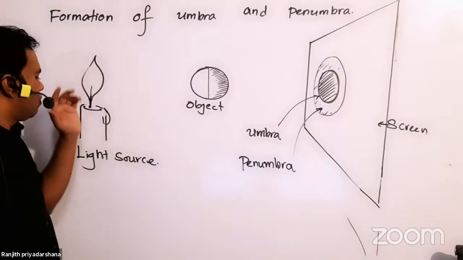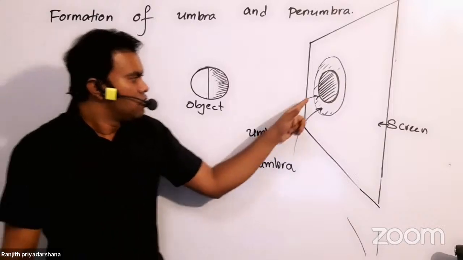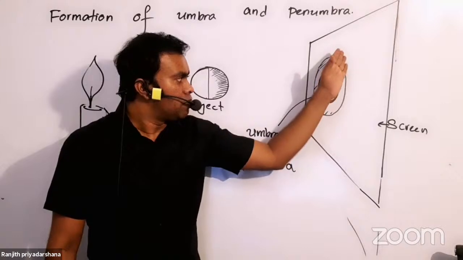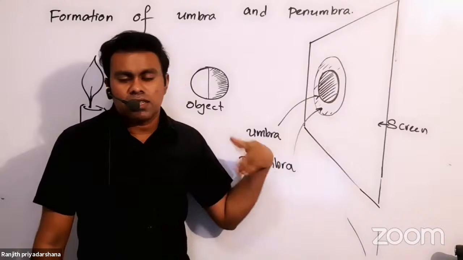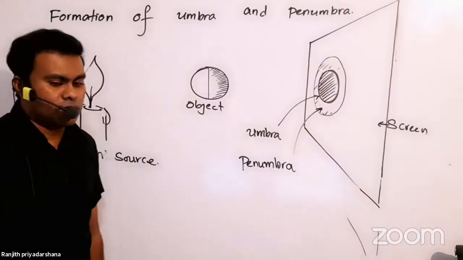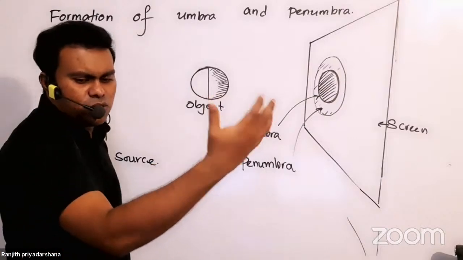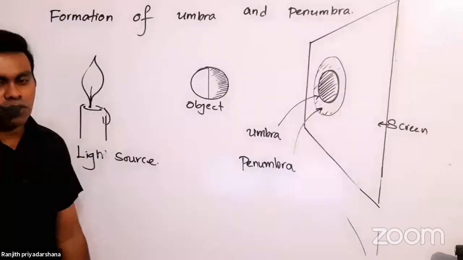But when the light source is closer to the object, the penumbral size increases and the sharpness of the umbra decreases. You can do a good experiment at home. Sir, I did the experiment with a torch.